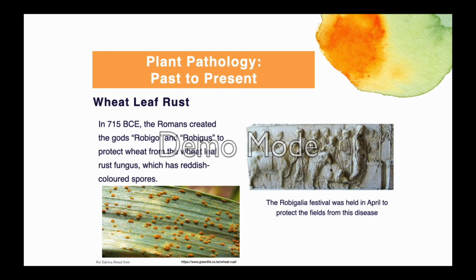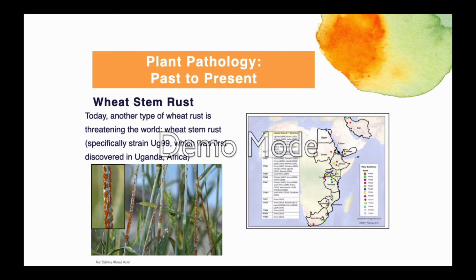The people during that time created another god, so that they had a source to pray to for hope, so that their agricultural crops would be protected from this disease, because of their lack of knowledge on how to manage it.